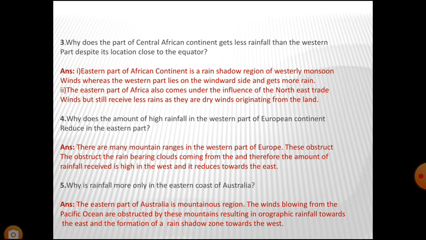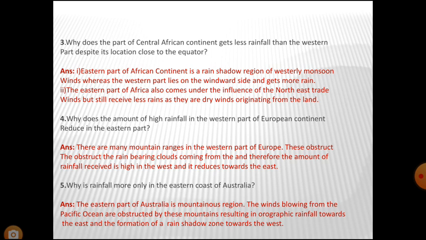Third one is, why does the eastern part of the African continent get less rainfall than the western part despite its location close to the equator? Here the answer is, the eastern part of the African continent is a rain shadow region of westerly monsoon winds, whereas the western part lies on the windward side and gets more rainfall.